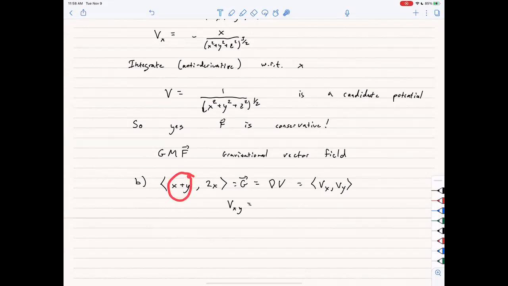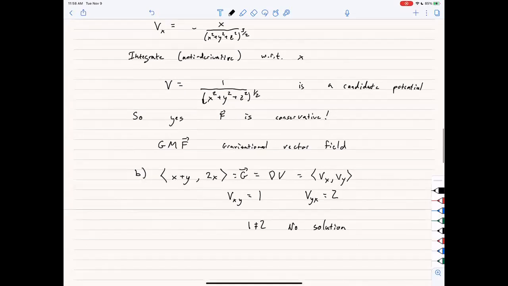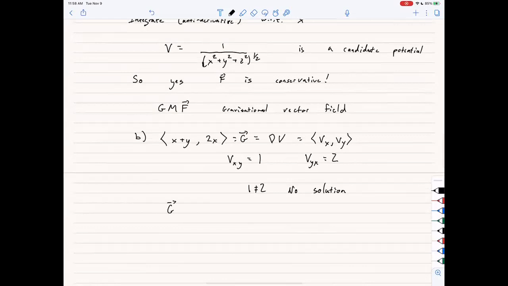What is that? 1. Thank you. Good. What happens if I take the partial with respect to x of Vy? What do I get? 2. Is 1 equal to 2? So no solution. In other words, G is not conservative.